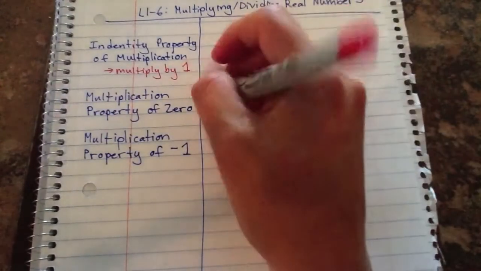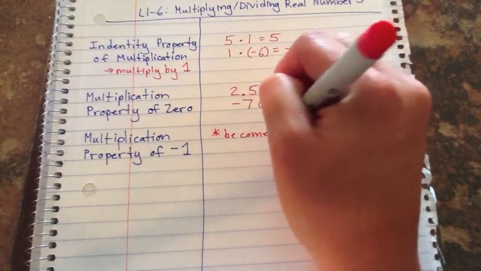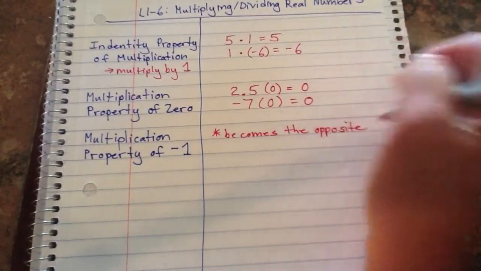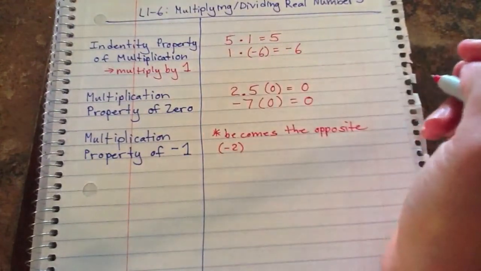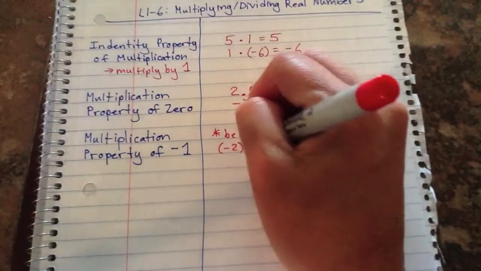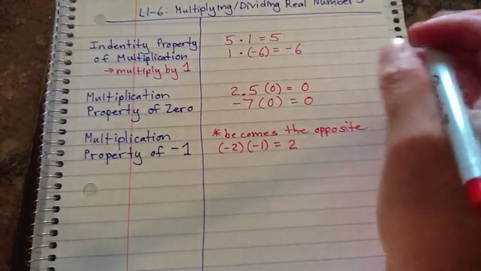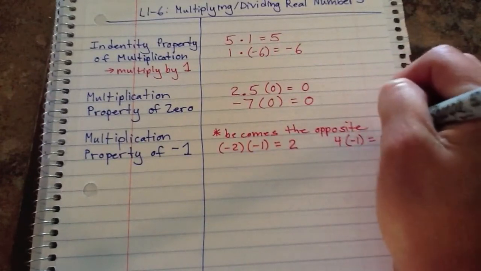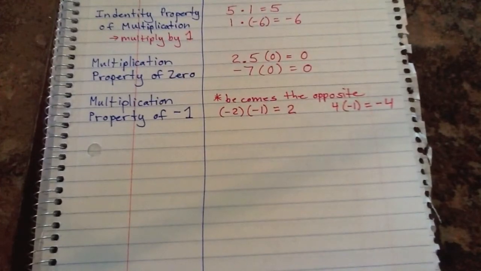It actually becomes the opposite. So if I have negative 2 and I want to make it positive, I can multiply it by a negative 1 and I have positive 2. If I had a positive 4 and wanted to make it negative, I multiply it by a negative 1 and I have a negative 4. So that's always going to switch the sign when you multiply by negative 1.